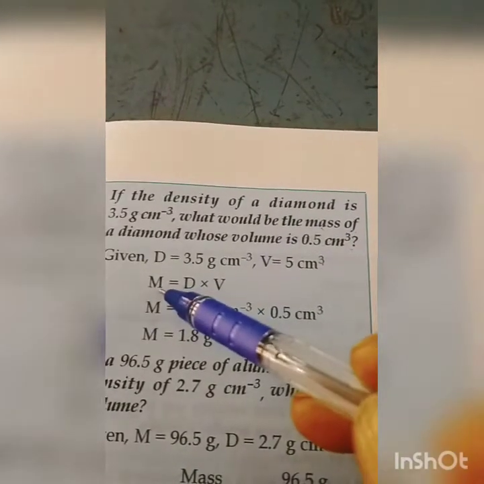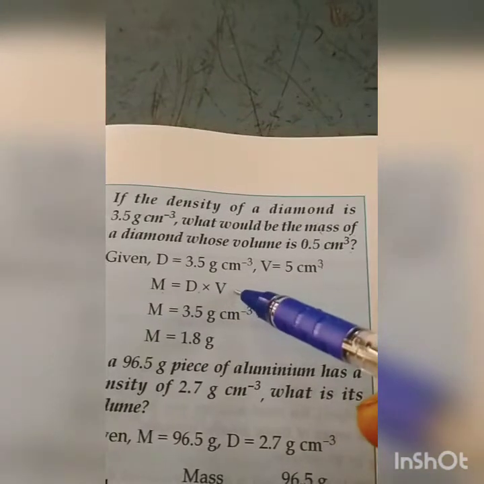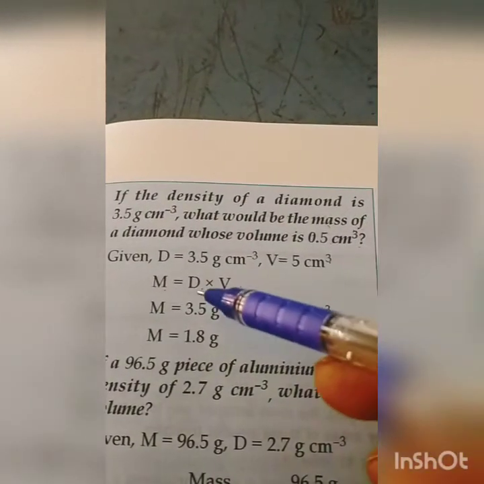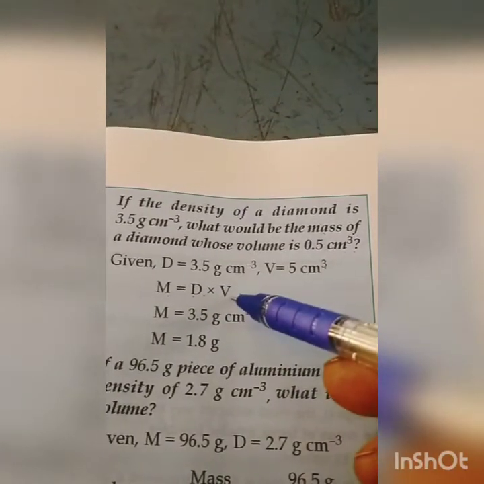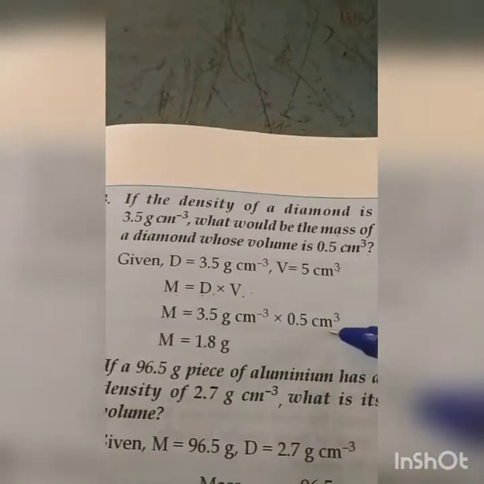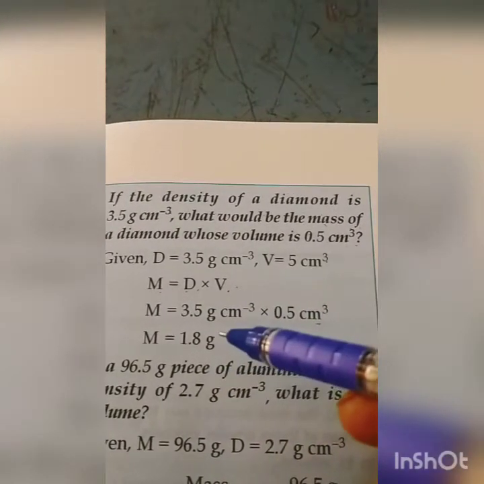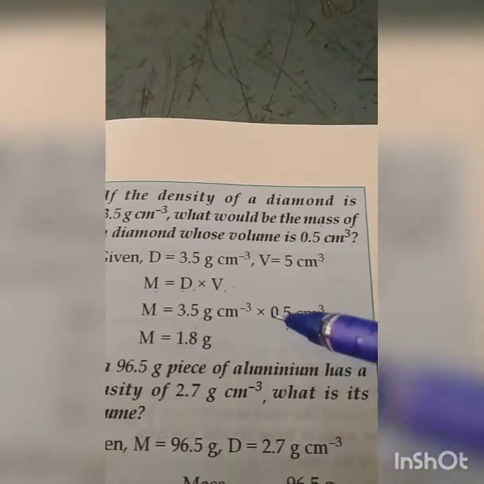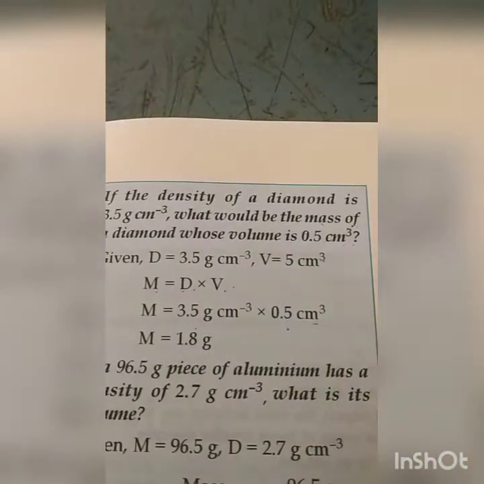So mass equals density into volume. This is the formula. Okay. So multiply density and volume. So check the units. Units are in gram and centimeter, so we can multiply them. So 3.5 into 0.5, that is 1.8 gram is the mass of the diamond.